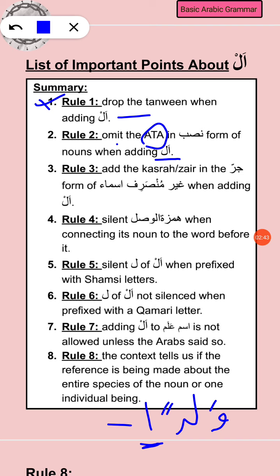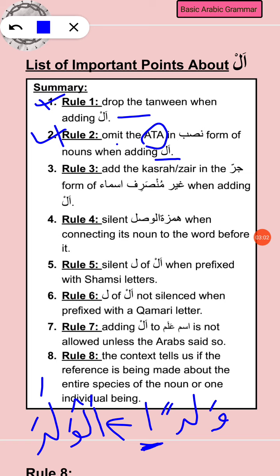I have to omit this alif, and when I say al walada, this post tanween alif gets omitted.